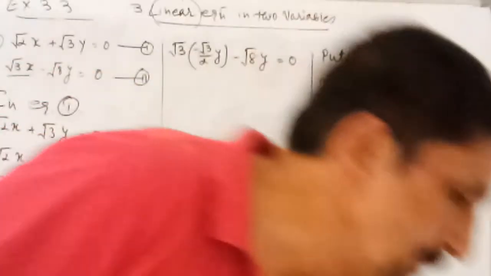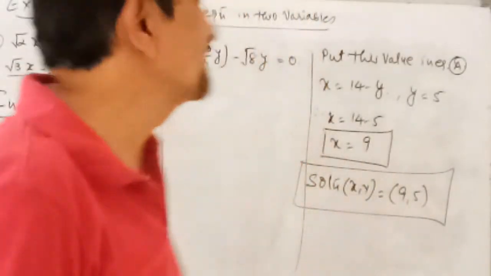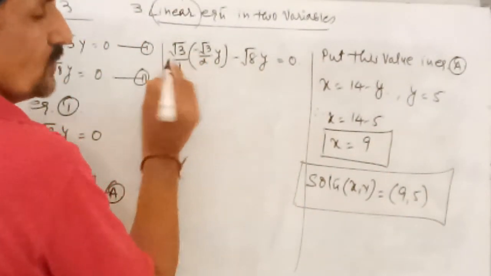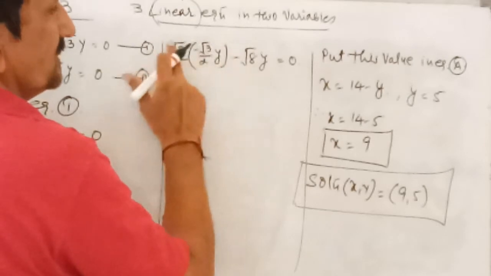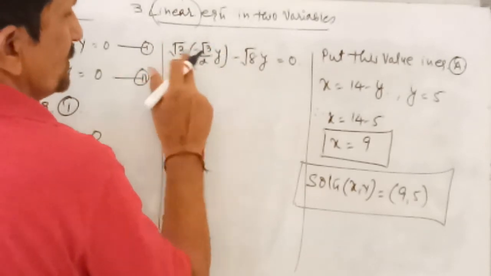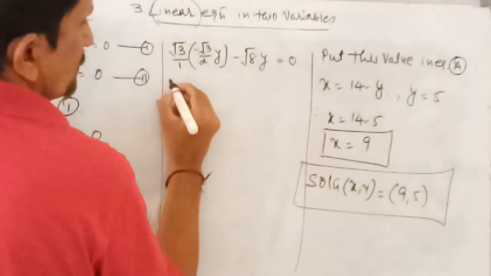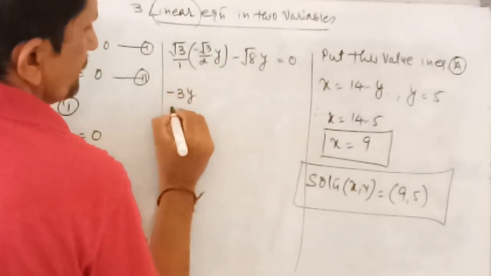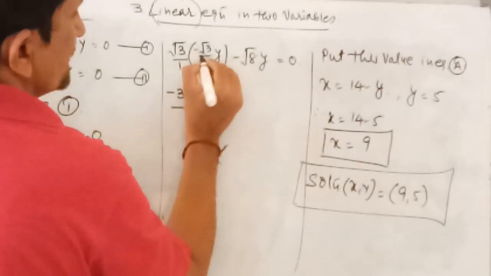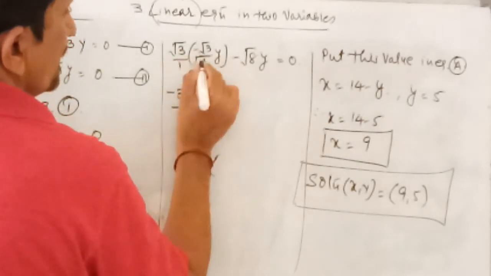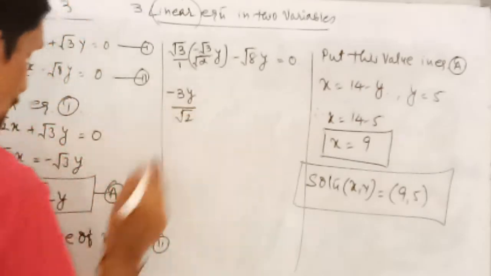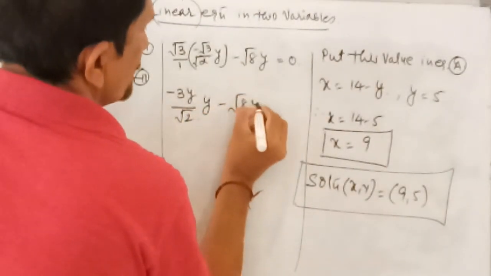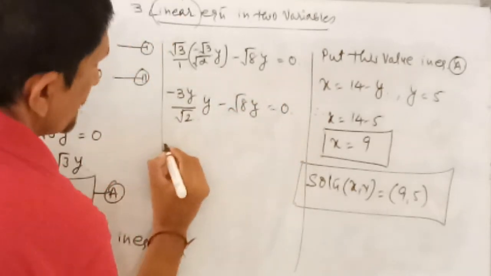Clear? Maybe now it becomes a little bit complicated, but don't hesitate. First of all, here root 3 upon 1, that means numerator multiplied with the numerator and denominator with the denominator. Root 3 into root 3, so it becomes 3 and sign is negative. So 3y upon root 2 y minus root 8 y is equal to 0.